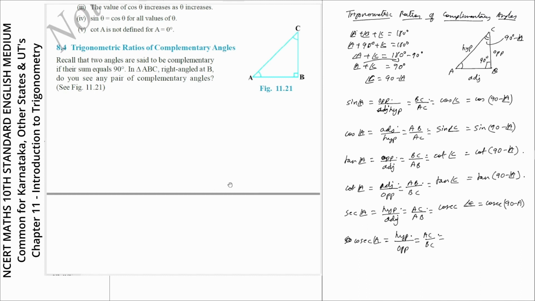But AC by BC is secant of angle C. So cosecant A is equal to secant of 90 minus angle A.